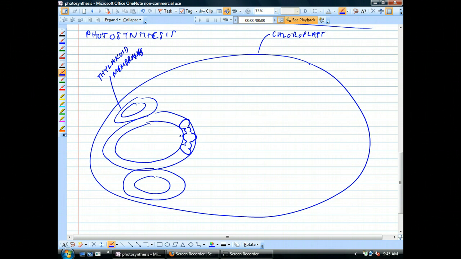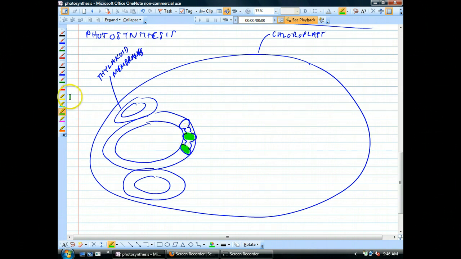I want to put the chlorophyll in the right place. Okay, there. The chlorophyll is here.